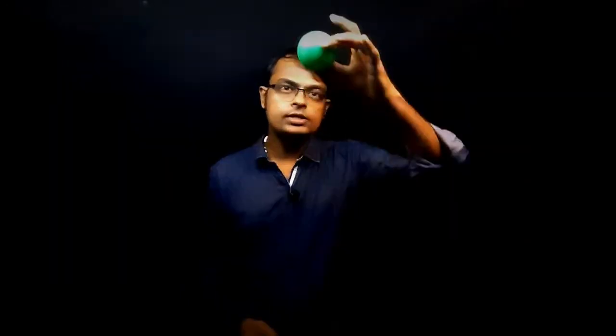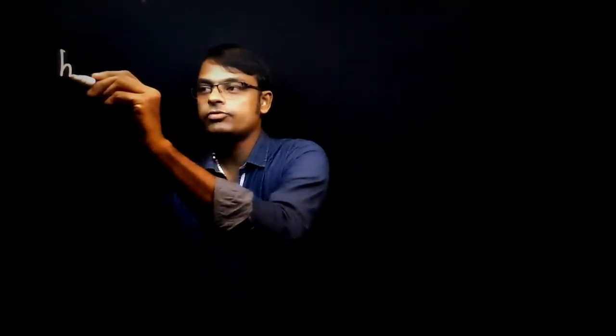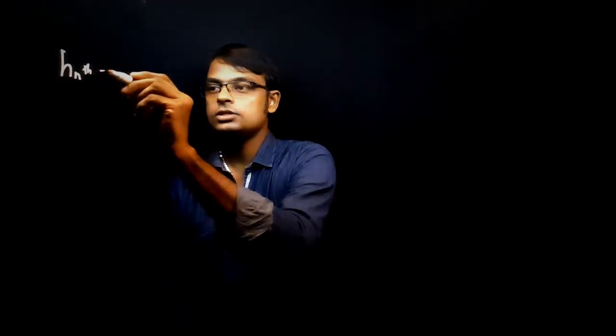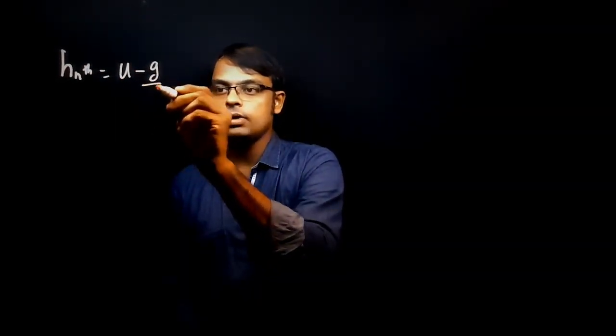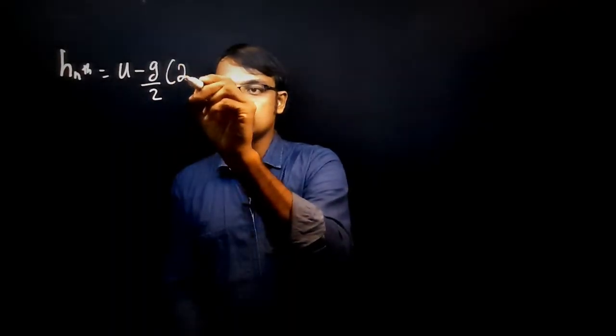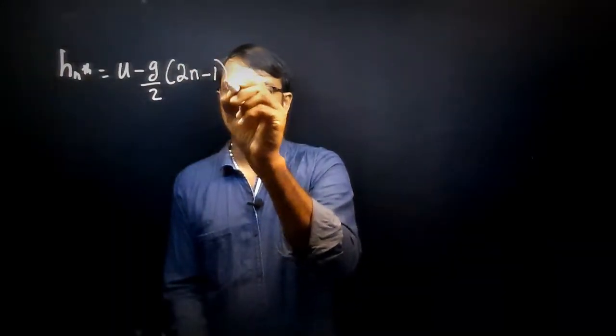Consider a ball is falling freely. What is the height or distance traveled in the nth second? We have already discussed that formula: h nth is equal to u minus g by 2 into 2n minus 1.